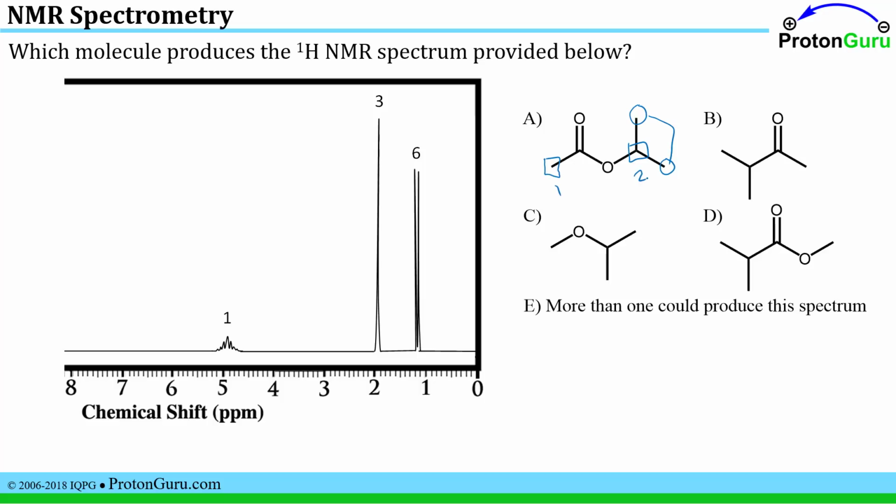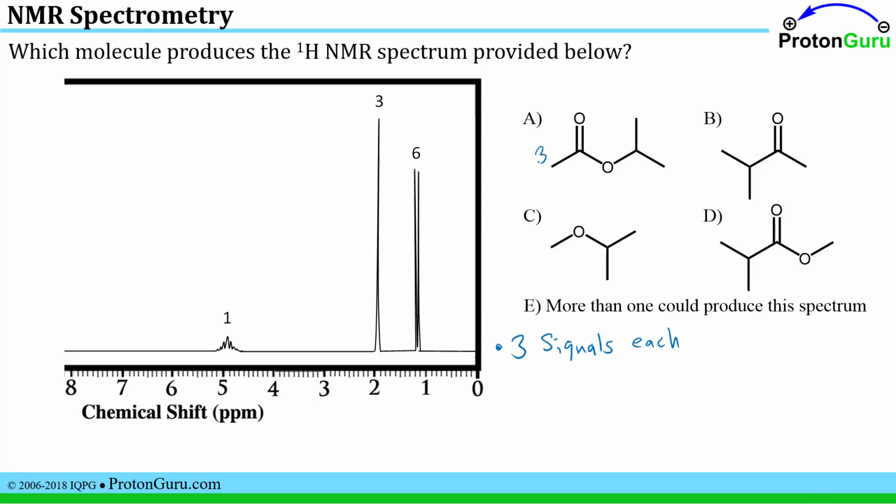One for a methyl group at the end, a second signal for the CH that's stuck between the 2 methyl groups. 2 methyl groups, of course, are the same as one another because you can rotate around this single bond. So you'd have a third signal. And that's true whether the methyl groups are attached to the C double bond O or directly to an O, etc.